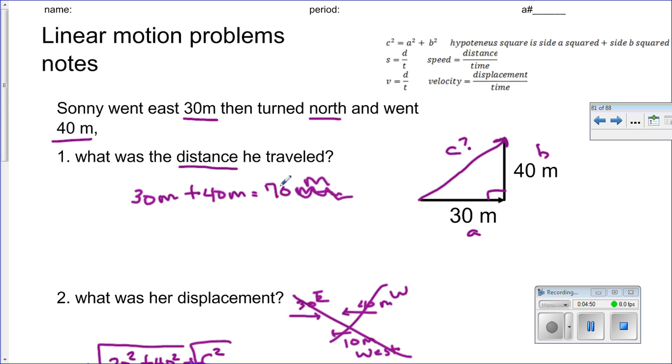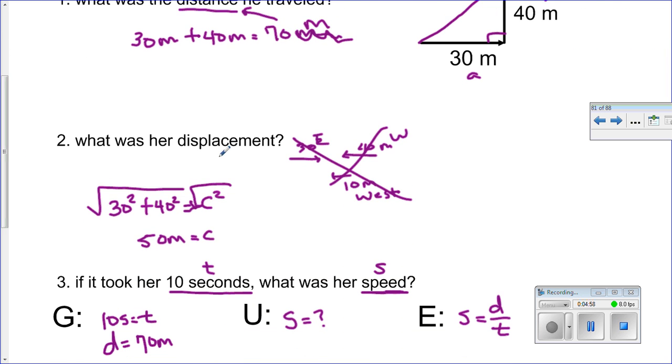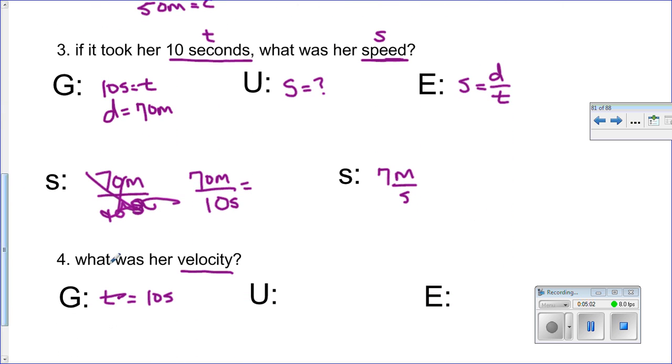So can I use 70 meters here? No, because that's distance, right? My displacement I got from solving the hypotenuse of the triangle. I have to use 50 meters this time for my displacement. It's kind of confusing, but be very, very careful.